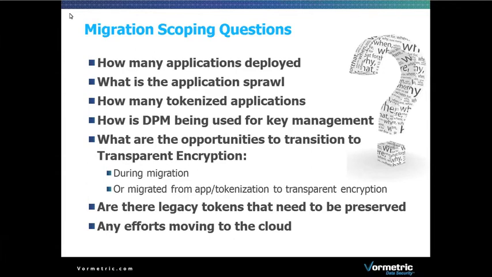So perhaps some of them are at the bottom of the priority list but still have to be migrated. You may choose to use our transparent encryption during the migration, or even just migrate them to use that encryption method with access control.